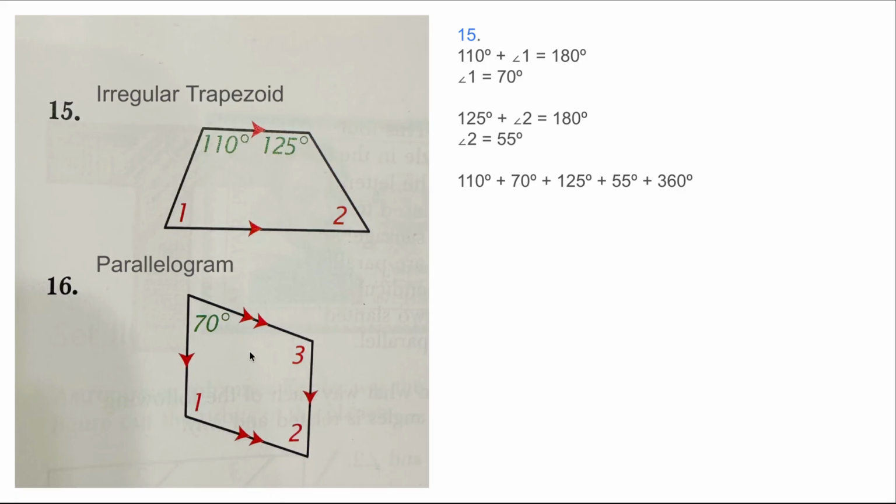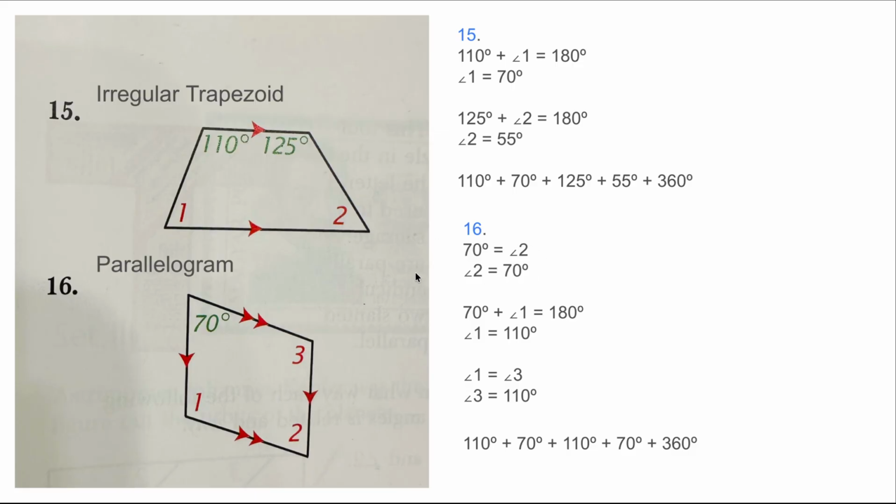Now, number 16. Ooh, we have a parallelogram, and it's so lovely and easy because we have parallel lines on top and bottom, and left and right. And so 70 degrees in this corner means that angle 2 is 70 degrees as well. And now remember, 70 degrees plus angle 1 equals 180 degrees, and so therefore angle 1 is 110 degrees.